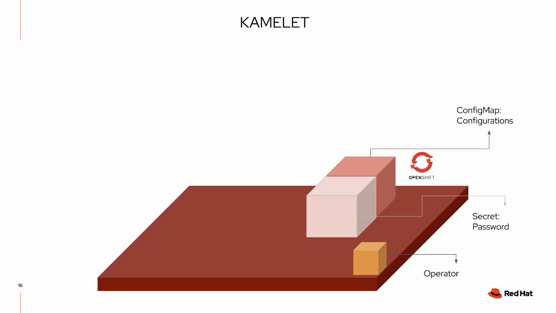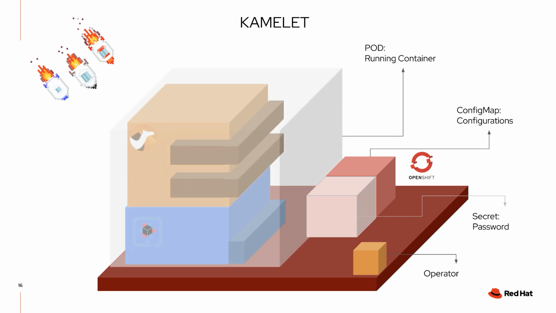So what happens on the Kubernetes or OpenShift environment? Once you've deployed, the operator on the OpenShift environment is going to notice that, hey, this Kafka user has defined a Kamelet binding, and I'm going to go and start up a pod. So you have a running pod that's running all the logic. It's now streaming data from your source to your destination, which is Kafka.